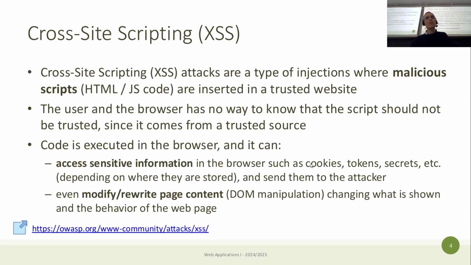Basically, cross-site scripting means that some malicious code, in JavaScript or in other languages, even in HTML, is inserted in some way into the normal flow of execution, of processing of a non-malicious web application, a website in general.